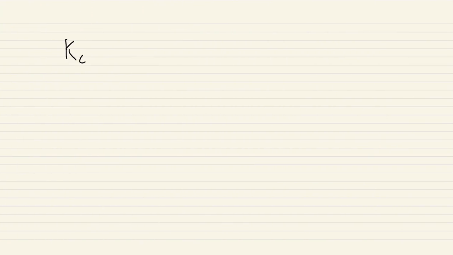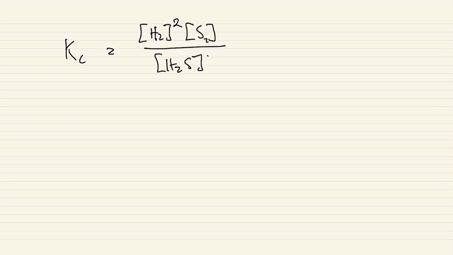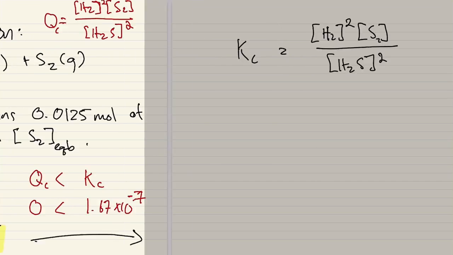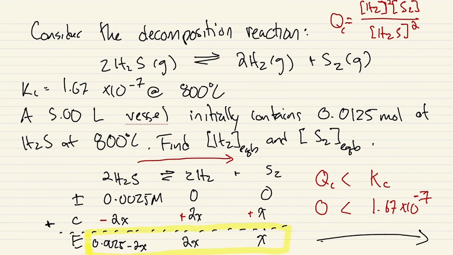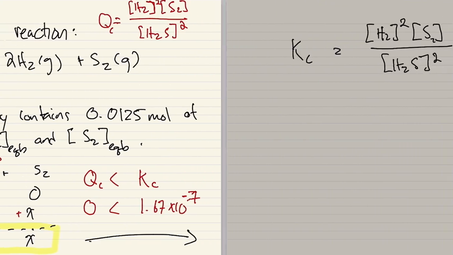Our equilibrium constant gives us the ratio of products over reactants, to their stoichiometric coefficients at equilibrium, right? And those are the concentrations that we just solved for. We don't know exactly what they are yet, but we know that they're related to the initial values by this relationship.